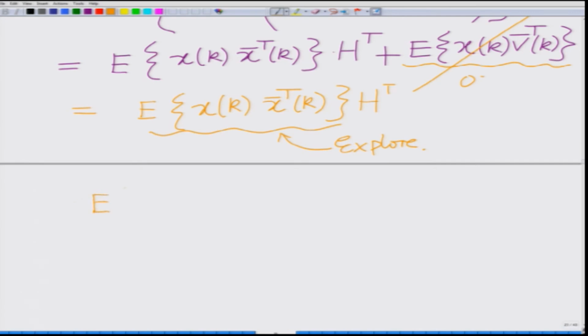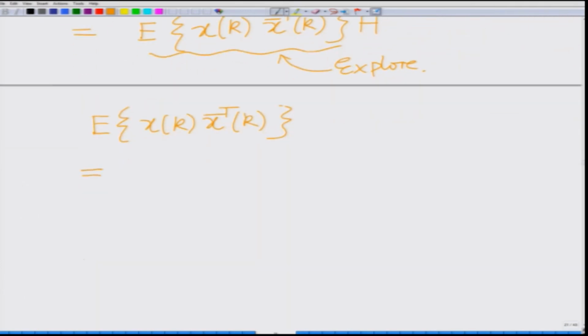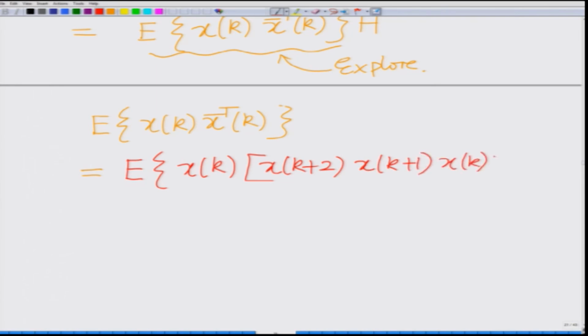This is equal to expected value of the symbol x k times the row vector x bar k: x k, x k plus 2, x k plus 1, x k minus 1.